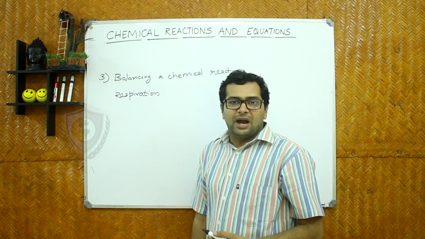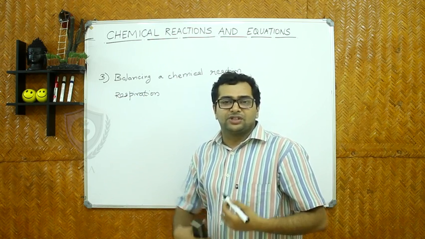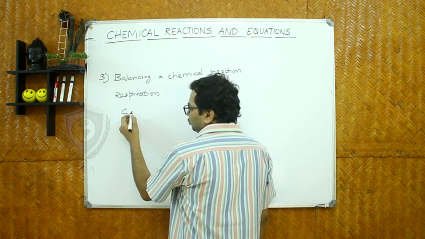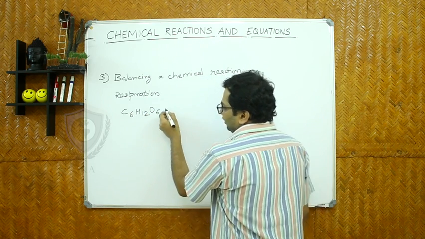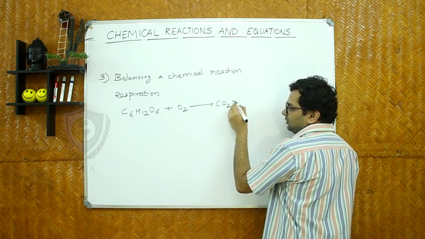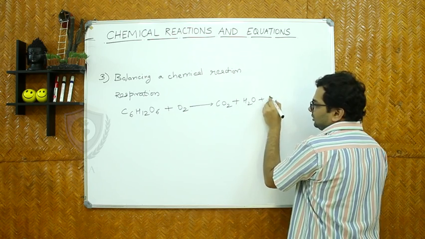We breathe and we have energy, which comes from glucose. So how does that work? Glucose is basically C6H12O6, which, when combined with oxygen, gives us carbon dioxide and water and produces energy.